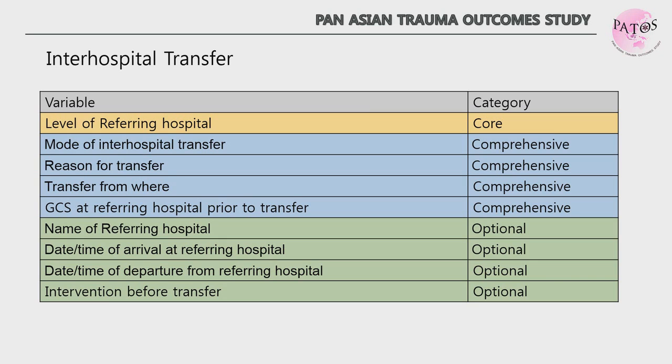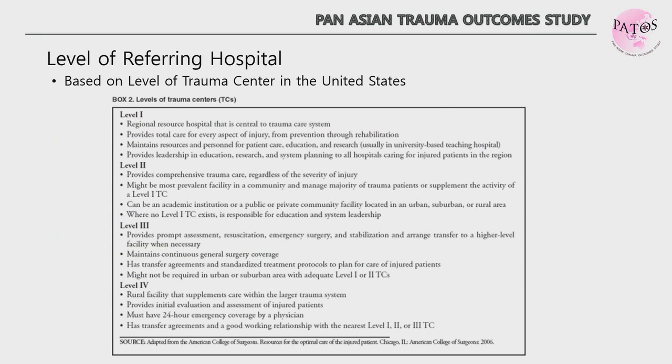Comprehensive variables include the mode of inter-hospital transfer, reason for transfer, location of transfer, and GCS measured at the referring hospital prior to the transfer. Optional variables will include name of the referring hospital, date and time of arrival at the referring hospital, date and time of departure from the referring hospital, and intervention performed before transfer.